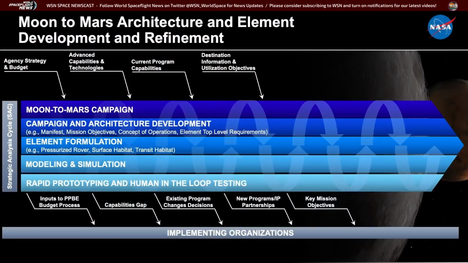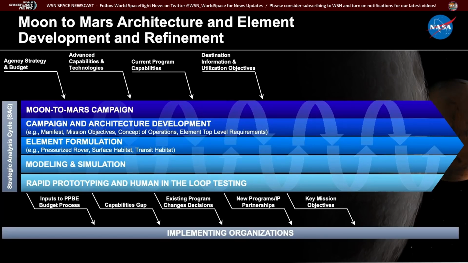So let's first talk about how we architect today. And I'd like to share with you on this chart the process we use that starts with a strategic analysis cycle that you see on the left of the chart. That cycle has a number of inputs to it, one of which is first our overall strategy and budget that we align the architecture to.